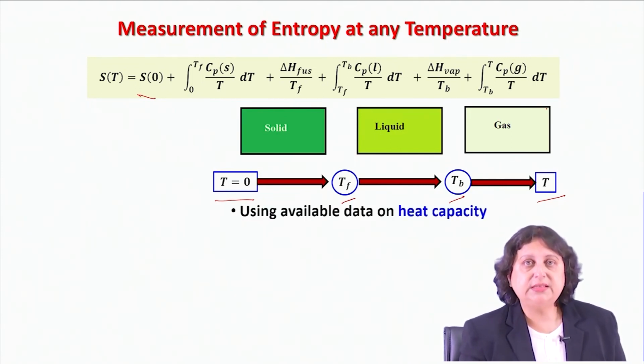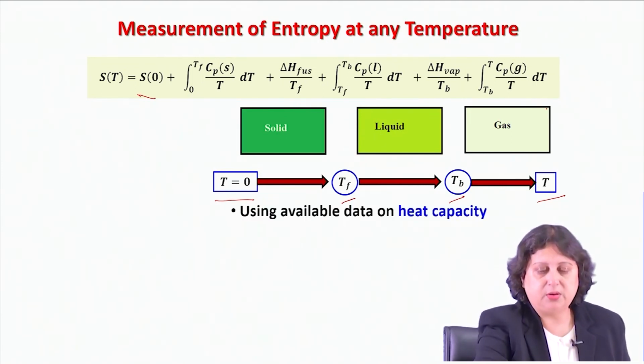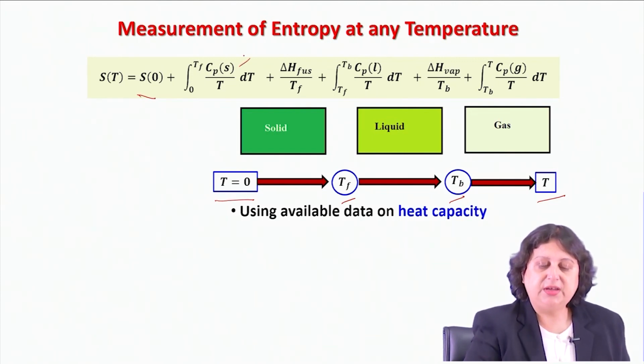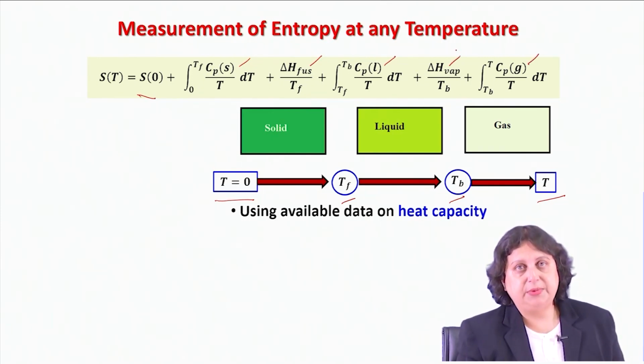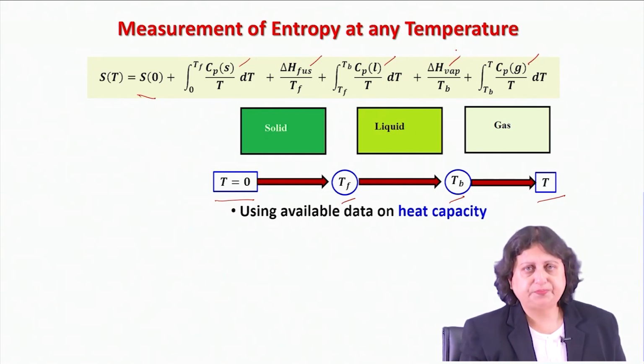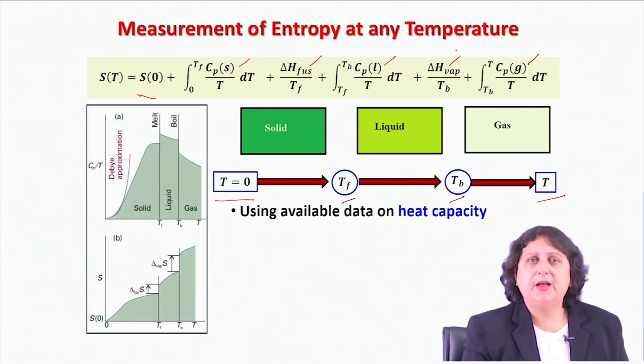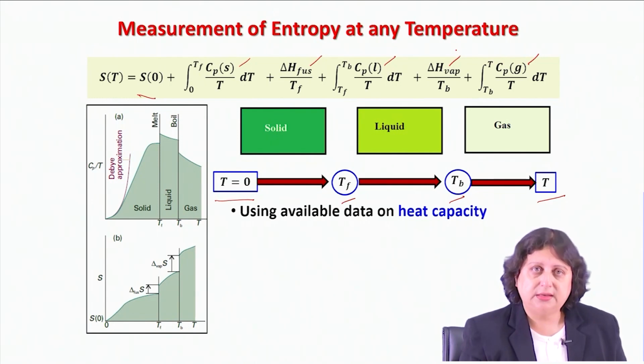Now, each of these quantities that are required, like the specific heat of the solid, delta H of fusion, then the specific heat of the liquid and the gas, and the enthalpy of vaporization, are usually available in the literature.